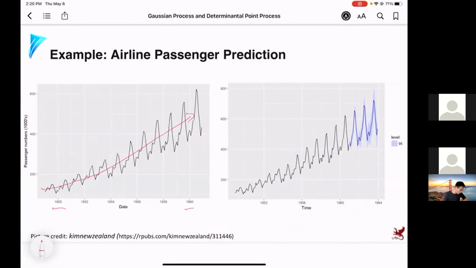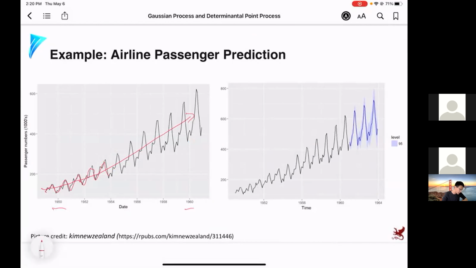More and more people are choosing to travel by airline. But at the same time, we also see this periodic pattern. That's because airline travel is seasonal. Maybe in the summer, people are more likely to travel. In the winter, people prefer to stay where they are.